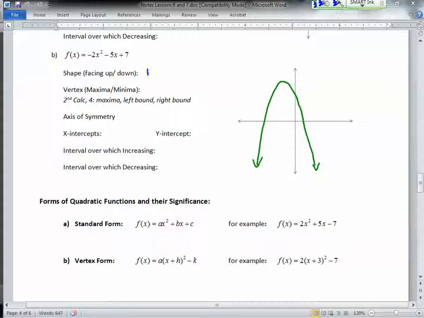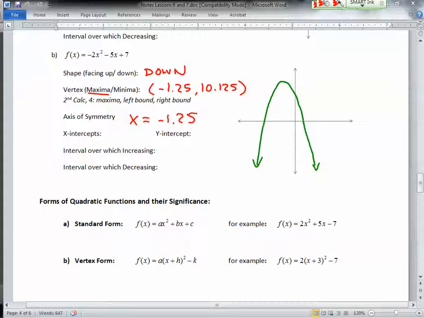So down. And my vertex was a maxima at negative 1.25 and 10.125. And my axis of symmetry was at x equals negative 1.25.